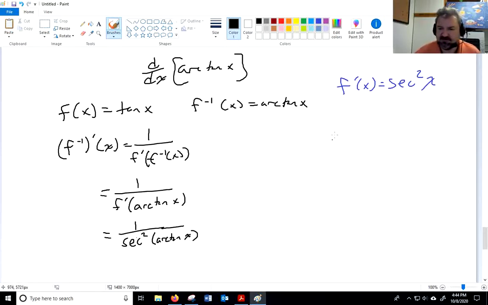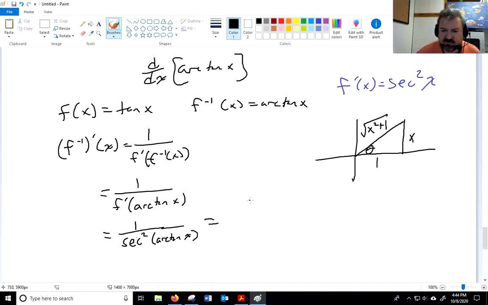Well, we can figure that out, right? We know that arctangent of x is going to give us an angle theta. Tangent is opposite over adjacent, so it's this angle here. And it makes the hypotenuse the square root of x squared plus 1, or 1 plus x squared, either way you want to write it. So this is 1 over the secant squared of that. The secant is cosine flipped over.